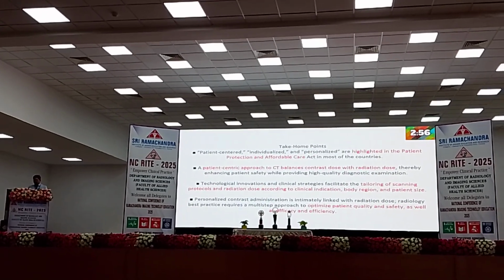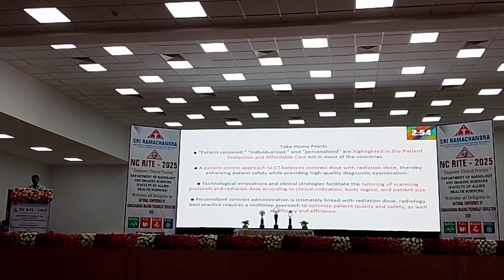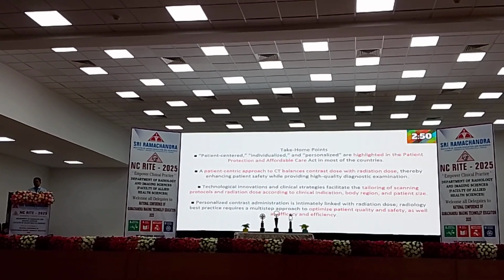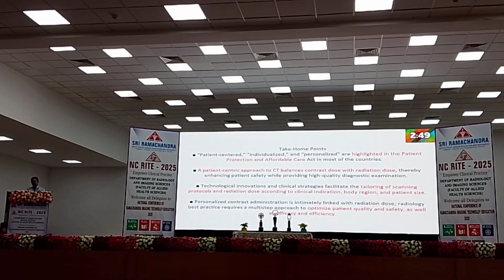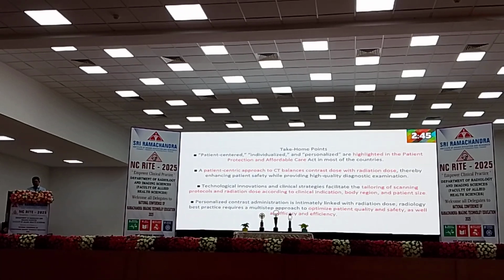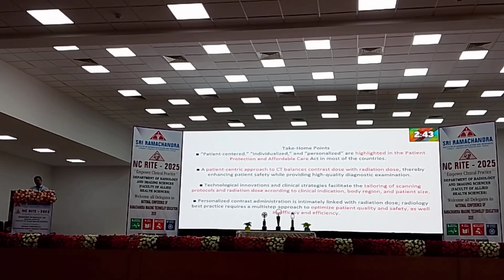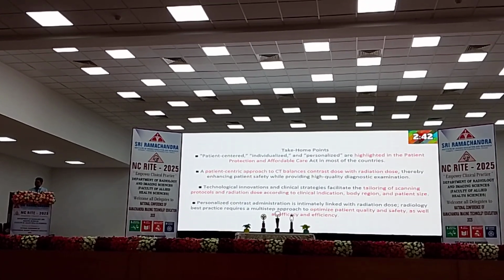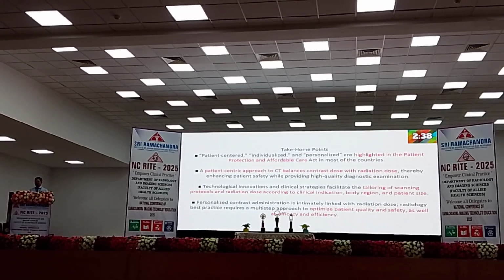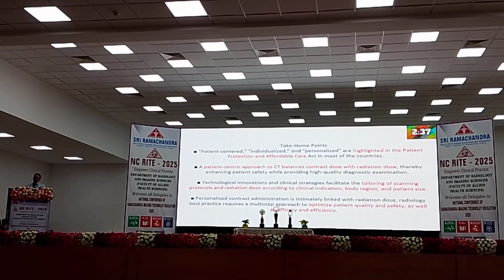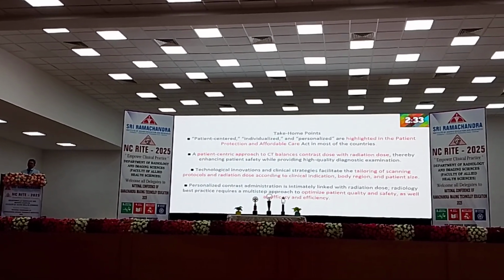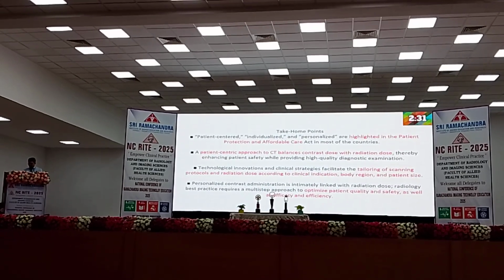And tailoring the scanning technique, like protocols and radiation doses, according to the clinical indication, the body region and the patient size must be kept in mind. Optimizing patient quality and safety, as well as efficacy and efficiency, is possible when you know that three different factors, patient factors, contrast factors and scanning factors, are to be considered whenever you are doing a CT scan.